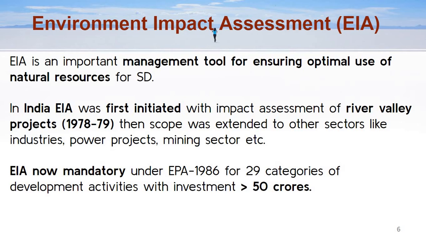EIA basically involves the study to predict the effect of a proposal, project, or an activity on the environment. Or in other words, EIA focuses on problems, conflicts, or natural resource constraints that could affect the validity of the project.